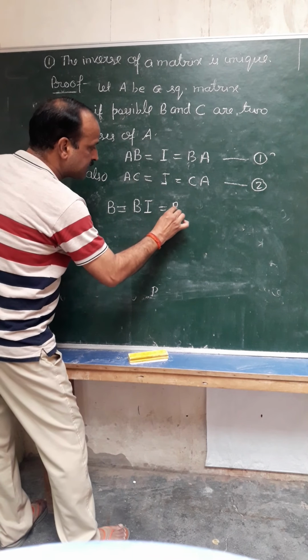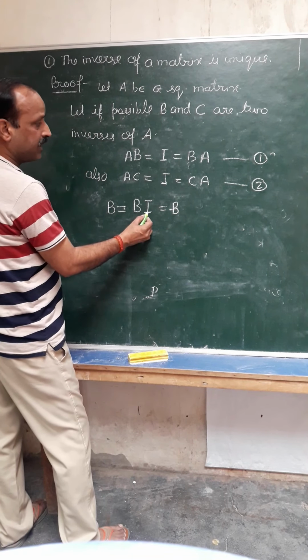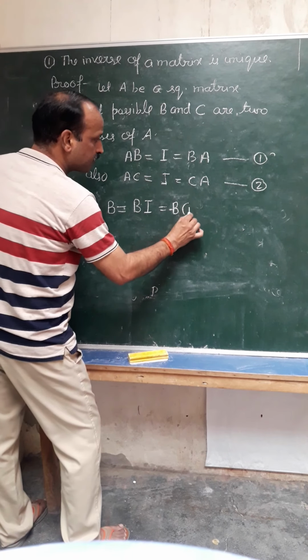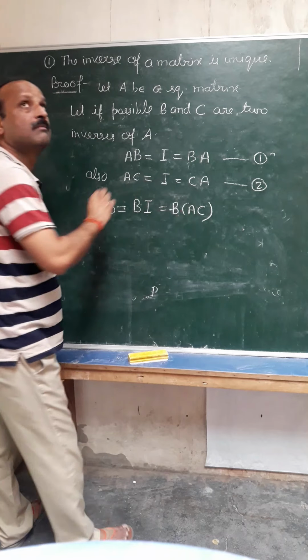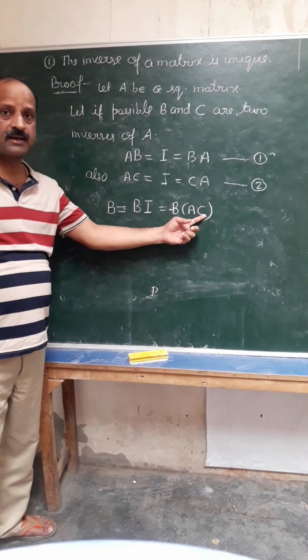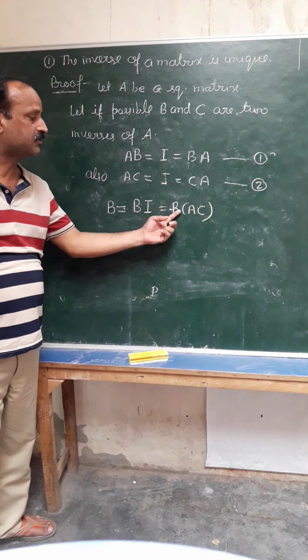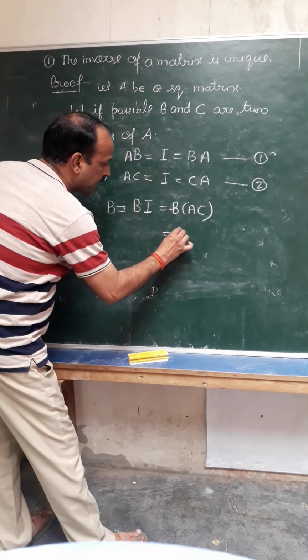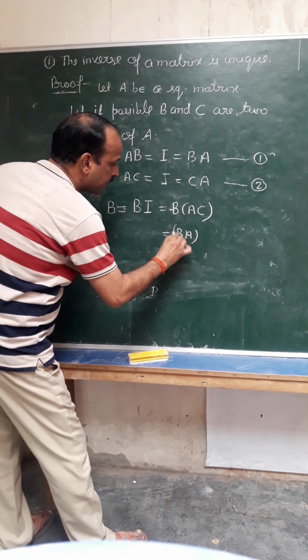Now in place of I, we can write AC from the second equation. This is the multiplication of three matrices, and multiplication of matrices follows associativity. So this can be written as BA into C.